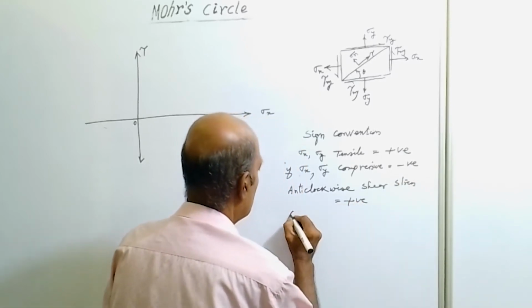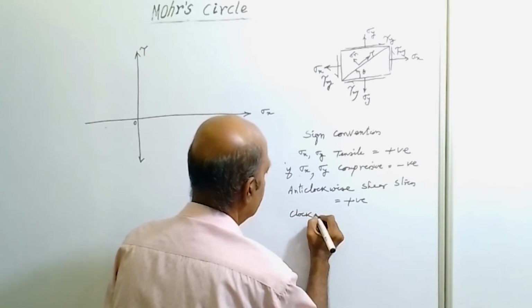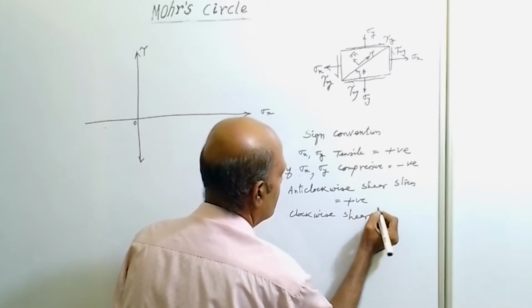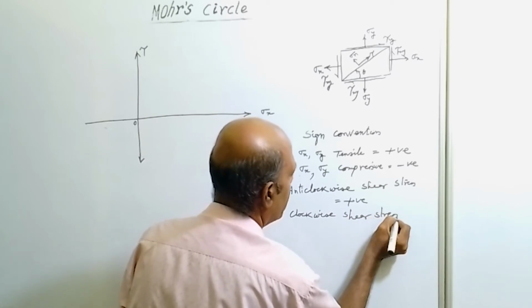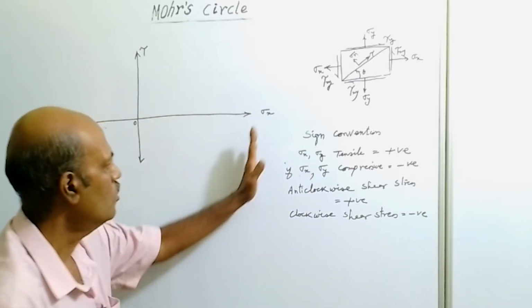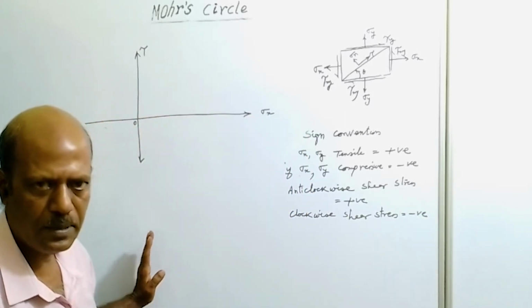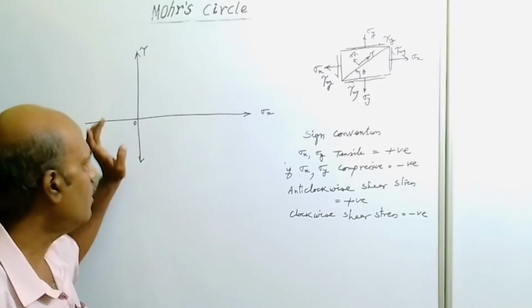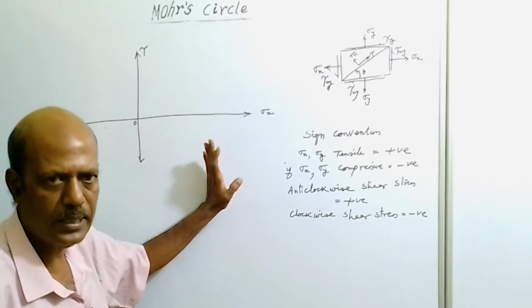So clockwise shear stress will be equal to negative. So these are the sign conventions for sigma x, sigma y and tau xy. Okay, now we have drawn the axes, that is step 1.